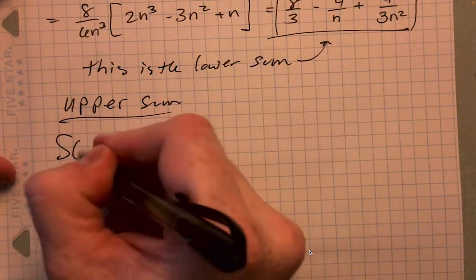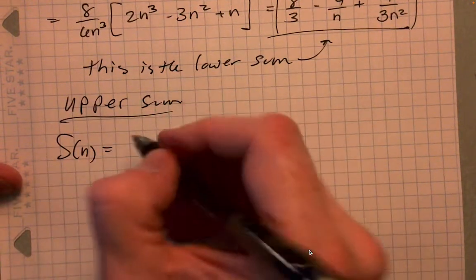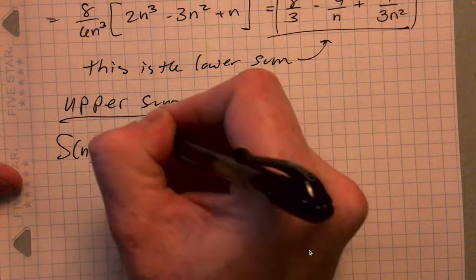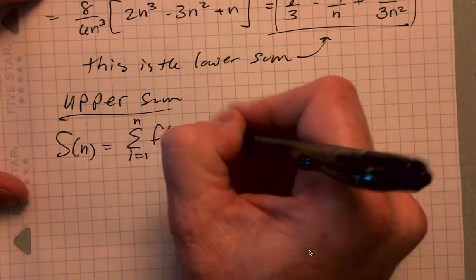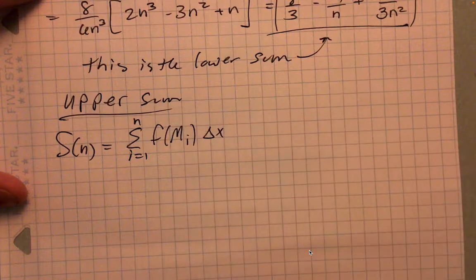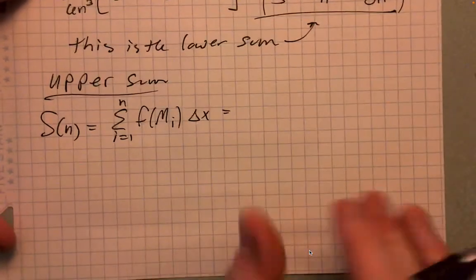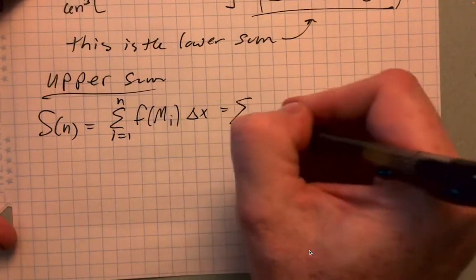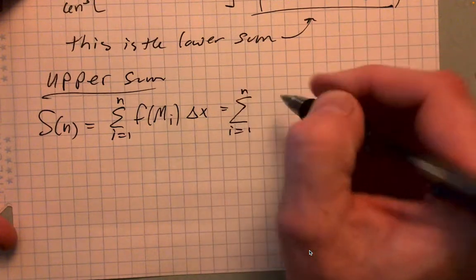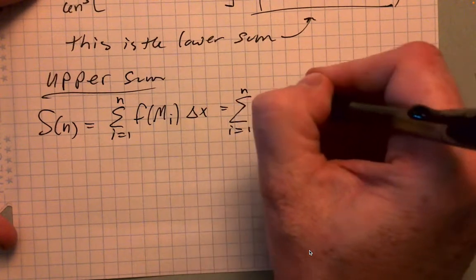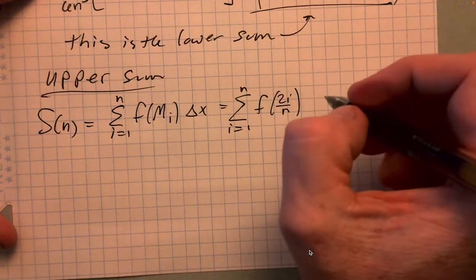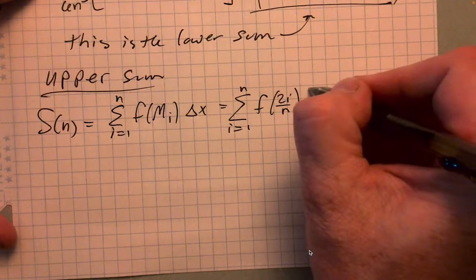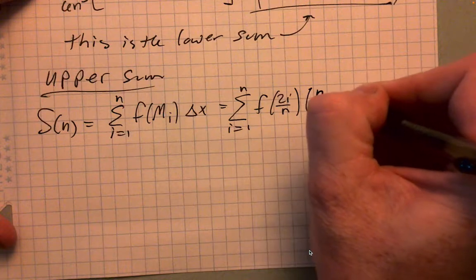But big S of n is going to be equal to the sum from i equals 1 to n of f of big Mi times delta x. Okay, which is similar to what we saw before. It's actually easier. Sum from i equals 1 to n of f of 2i over n times delta x, which is 2 over n.